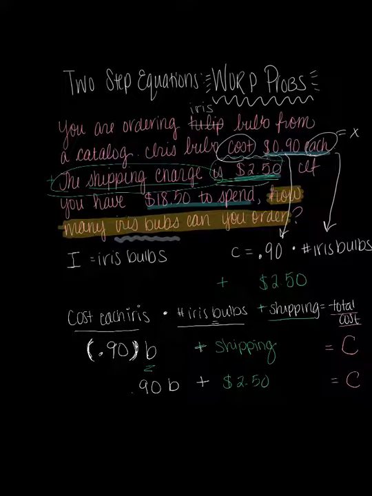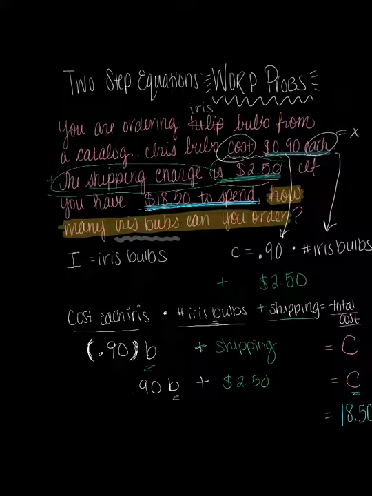Okay, so now my word problem says that I have $18.50 to spend. So if I have $18.50 to spend, which variable is that? Is that my number of bulbs, or is that my total cost? Hopefully you recognize that's your total cost. So $18.50 is what I have to work with.